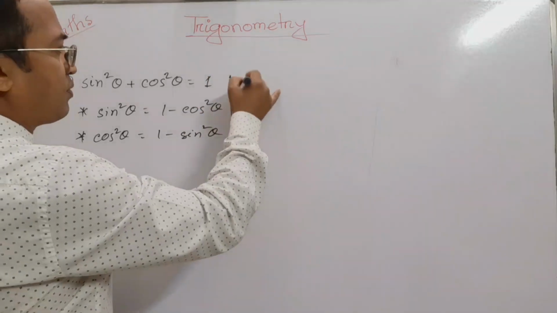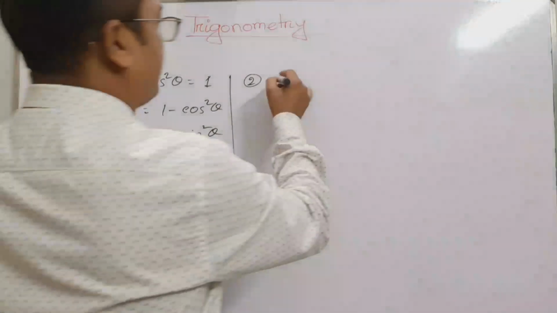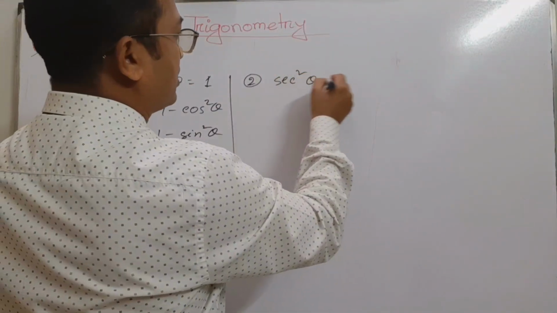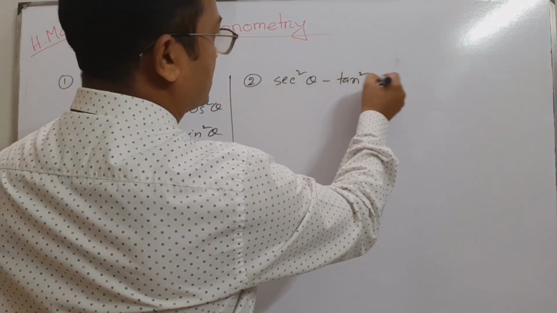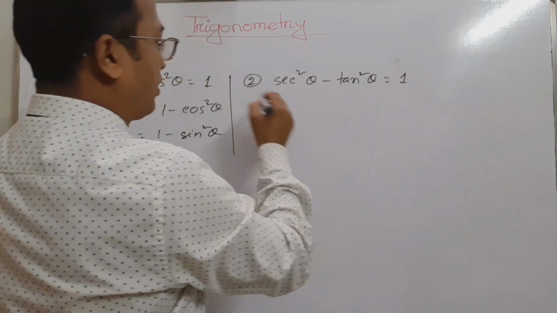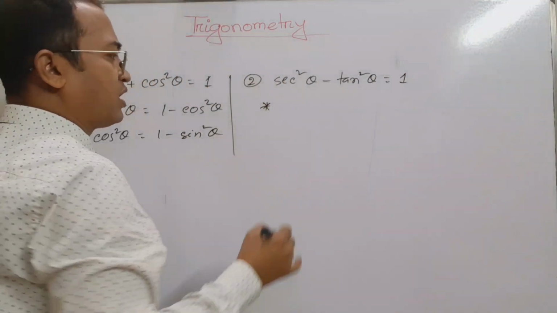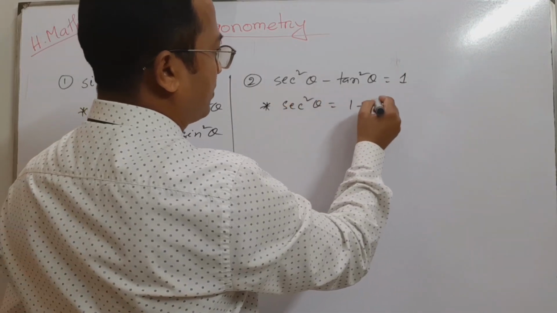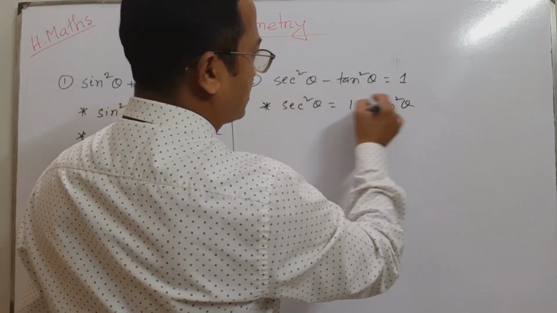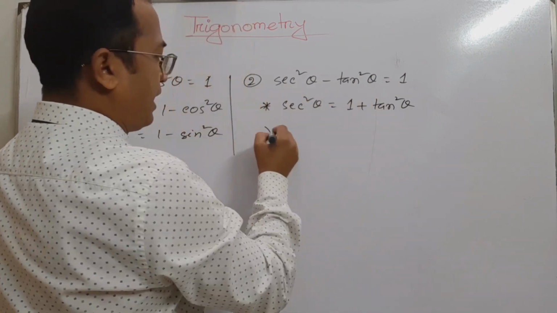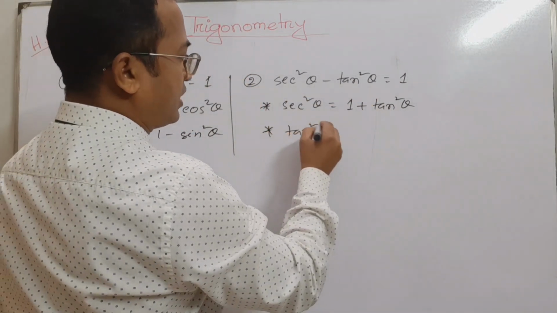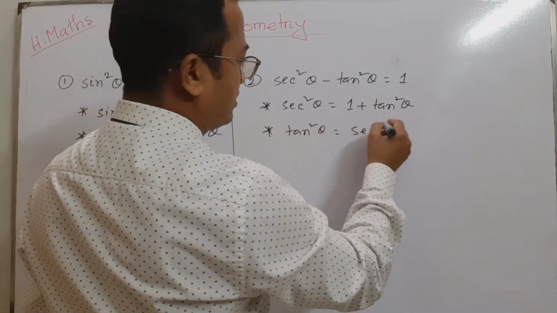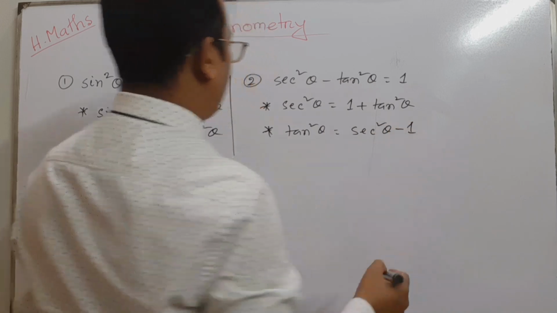Similarly, the second identity, that is sec square theta minus tan square theta is equal to 1. From here we also get 2 more, that is sec square theta equal to 1 plus tan square theta, and tan square theta equal to sec square theta minus 1.